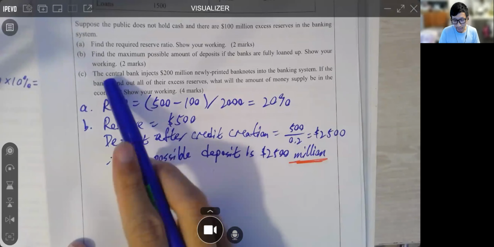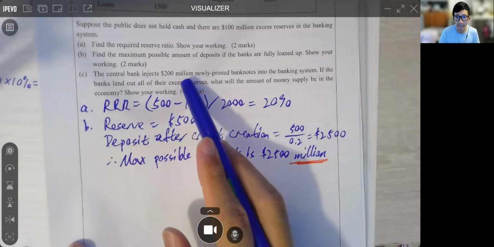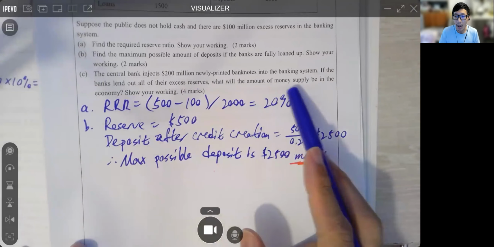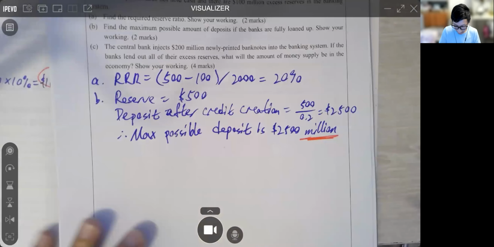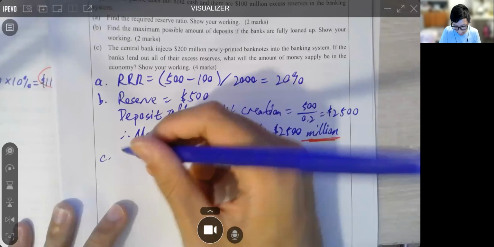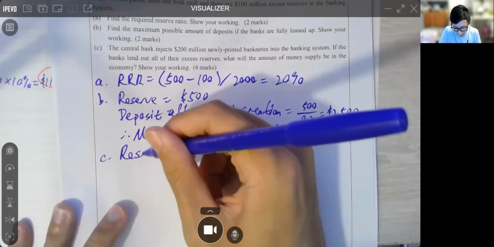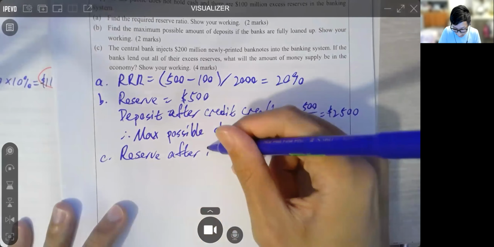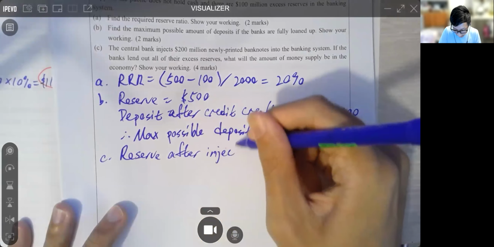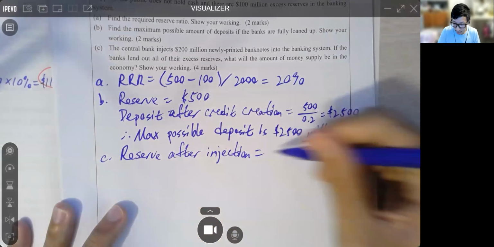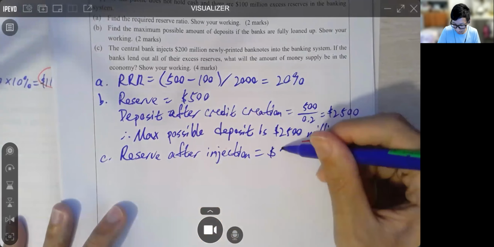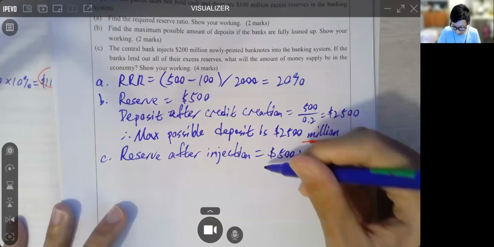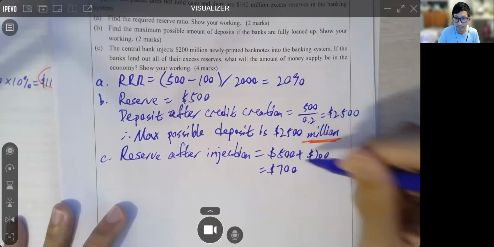Now say the central bank injects into the banking system. If they loan out, what will be the amount of money supply in the economy? Okay, this time you need to calculate again, right? Reserve after injection, now after the injection, how much will it be? It should be 500 plus 200, 700.